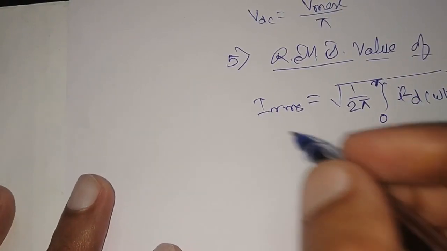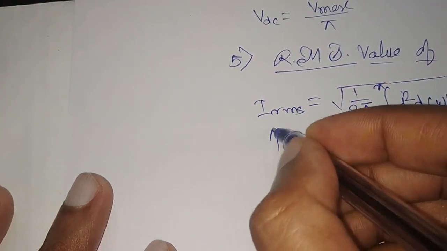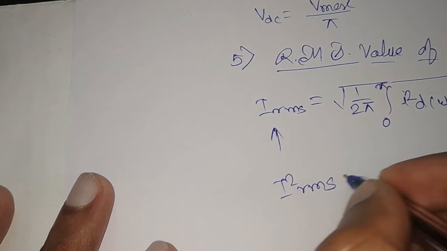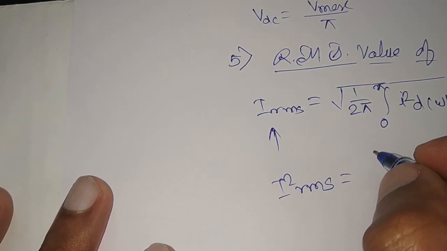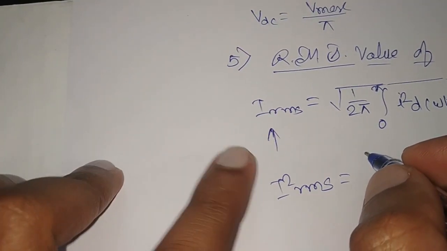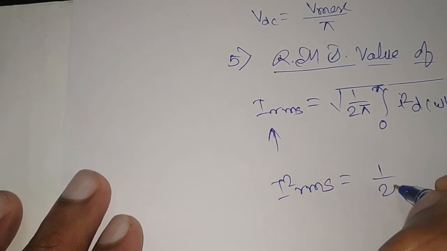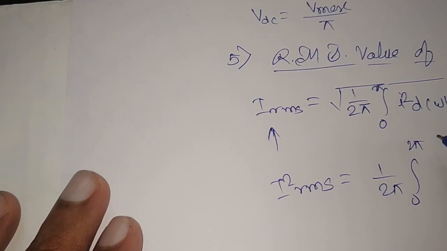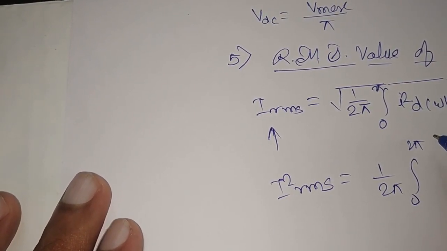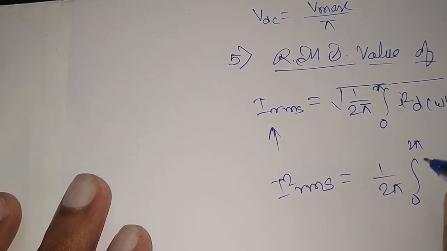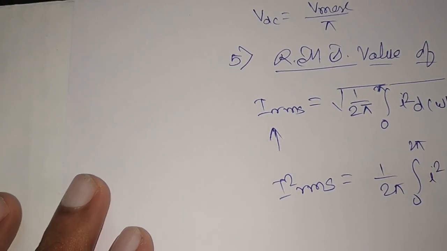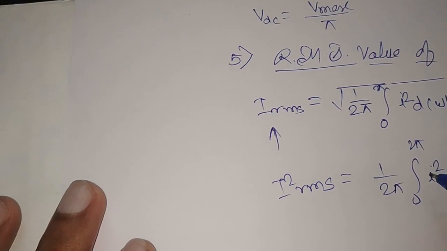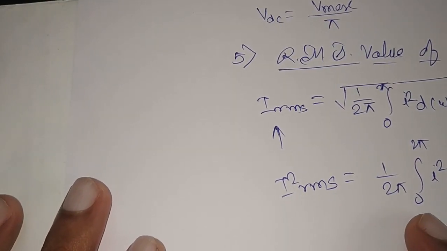We can write it in other way. We will take square of LHS. Say we can write it as I square RMS is equal to 1 upon 2 pi, limits of integration from 0 to 2 pi, and the remaining term I square d omega t. So again we will keep this value.